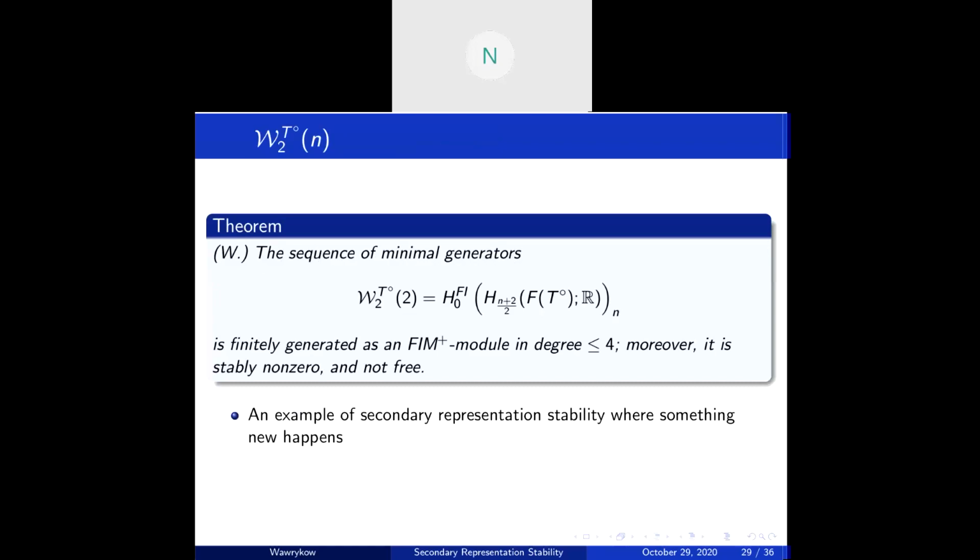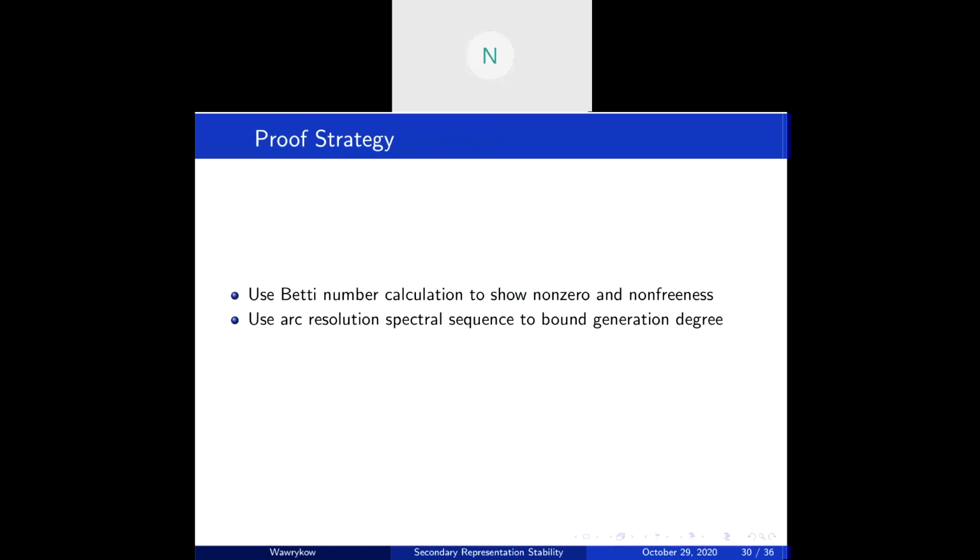Okay. What else? So we need to use this thing called the arc resolution spectral sequence to bound generation degree. And I'll talk about that more in a bit. And so this arc resolution spectral sequence, it turns out when you're looking at degree 6 and more, everything is pretty obvious.